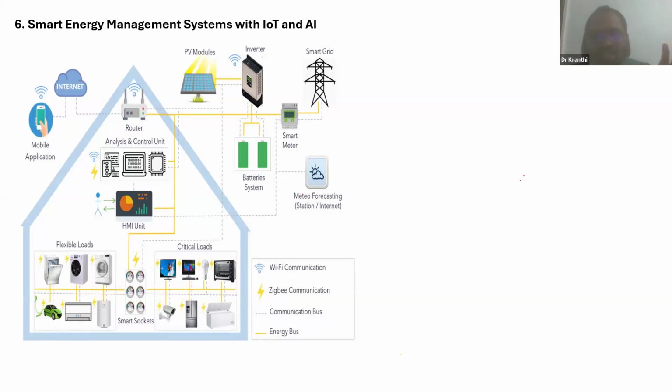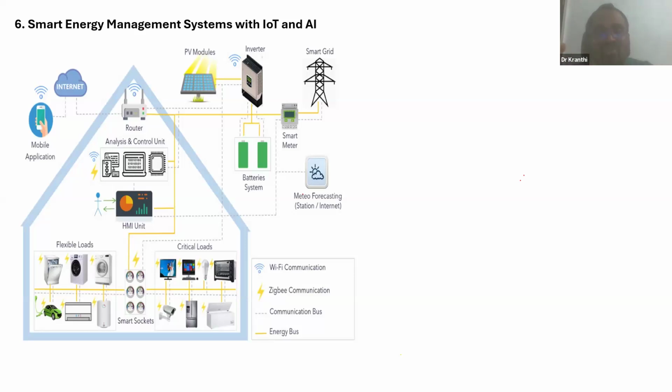When the fan is working and the camera scans and no persons are there, I need to switch off the fan. That is the automation process. It shows the various connections between modules; inverters and battery systems are linked with each other and with the smart grid through a smart meter for two-way energy exchange.